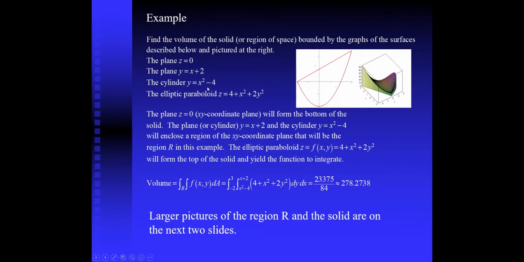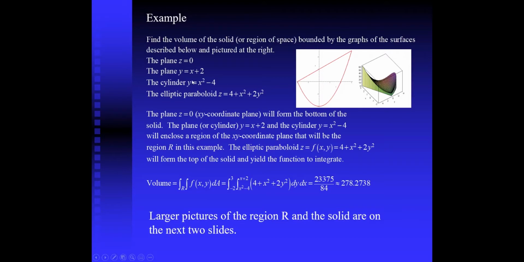A cylinder in space, you can get a right cylinder if you have a curve y equals a function of x, in this case involving only x and y, which would be a parabola in the xy coordinate plane. In space, it'd be called a cylinder.